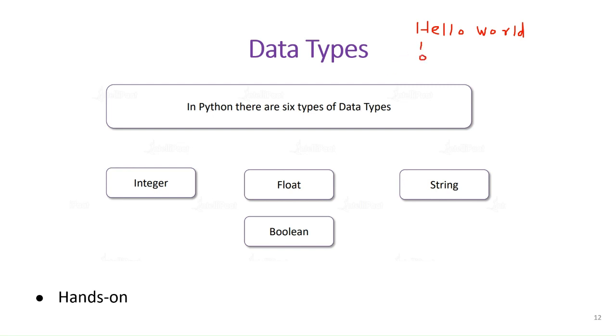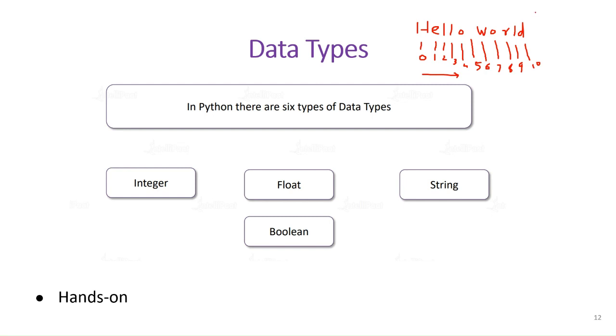Index starts from 0 only. Then E corresponds to 1, first L 2, second L 3, then O 4. Then the space will be taken as a character; it is 5. Then W 6, O 7, R 8, L 9, and D 10. So this is the indexing from left to right.